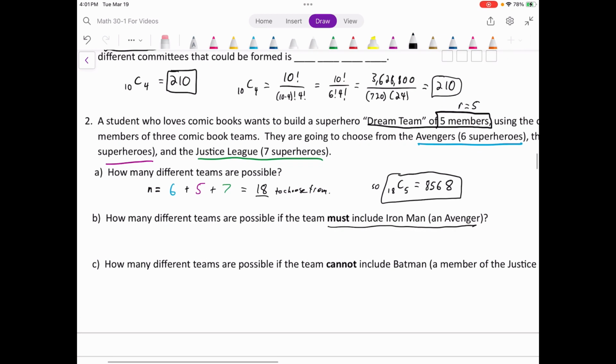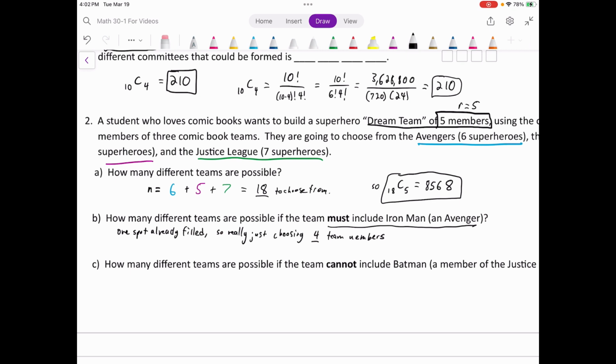So we really just have 4 people left to choose. One spot already filled. We're choosing 4 team members from how many options? Do we still have 18 to choose from?